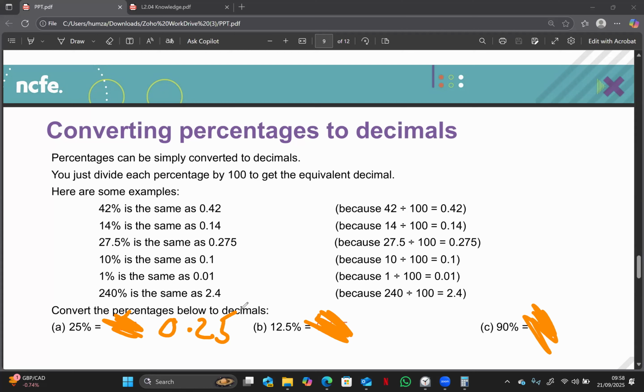So what's 12.5 over 100? What is it in decimal? Check it on your calculator. 12.5 over 100. Yes.